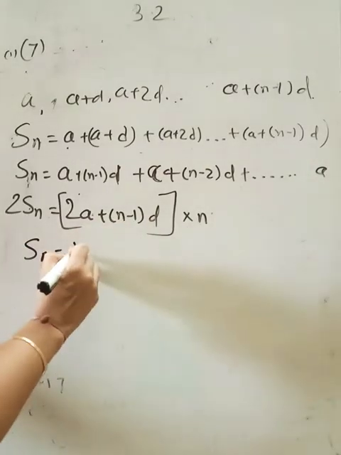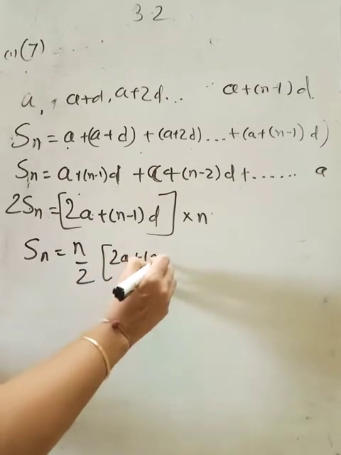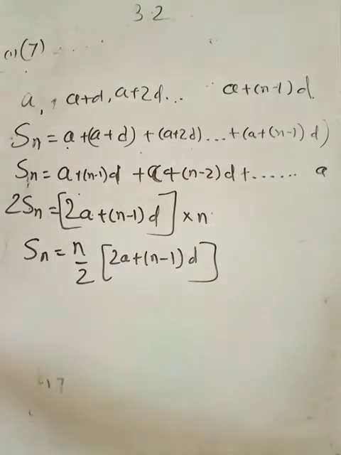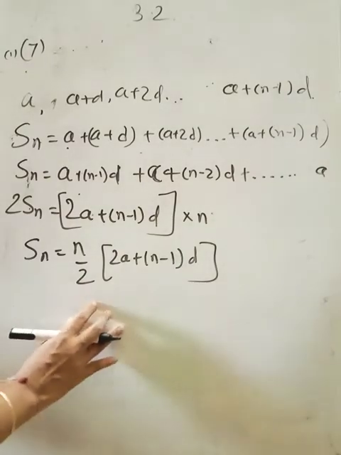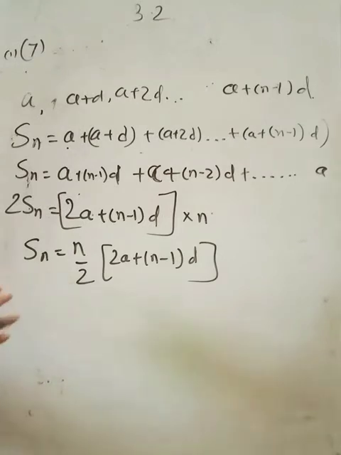Sn will be n upon 2 into the bracket 2a plus n minus 1 into d. So children, here we got the formula for Sn. ये हमको कार्ल गॉस ने ही दिया है फॉर्मूला, वही इसके हिसाब से लिखा है. So what is Sn? Sn is n upon 2 into the bracket 2a plus n minus 1 into d.